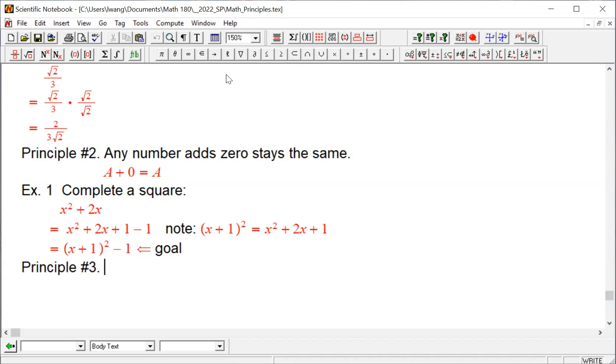Okay, if one number is the same as the other, there's an if statement, right? You see in the previous 2 principles, there's no if statement. Okay, the first 2 principles are true forever. It's true for any number. Okay, no attachment, no restrictions. But in the 3rd principle, we have an if statement.